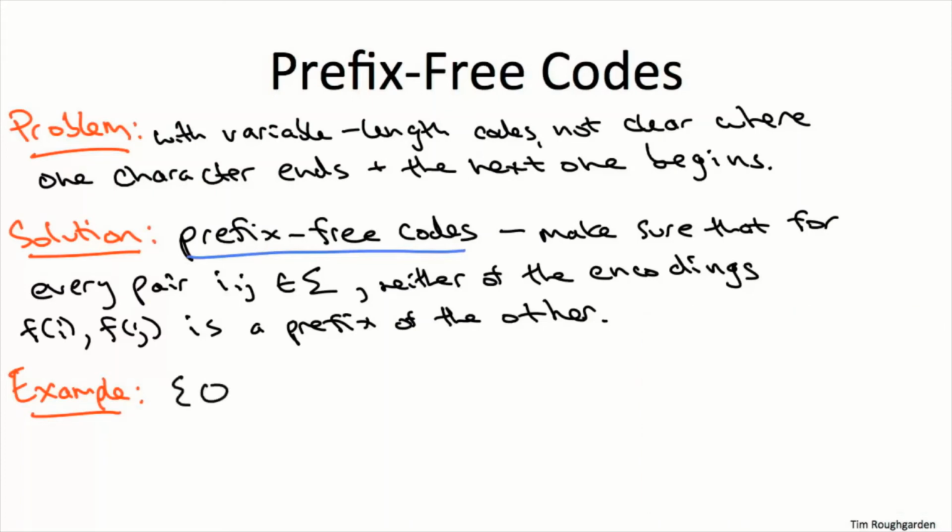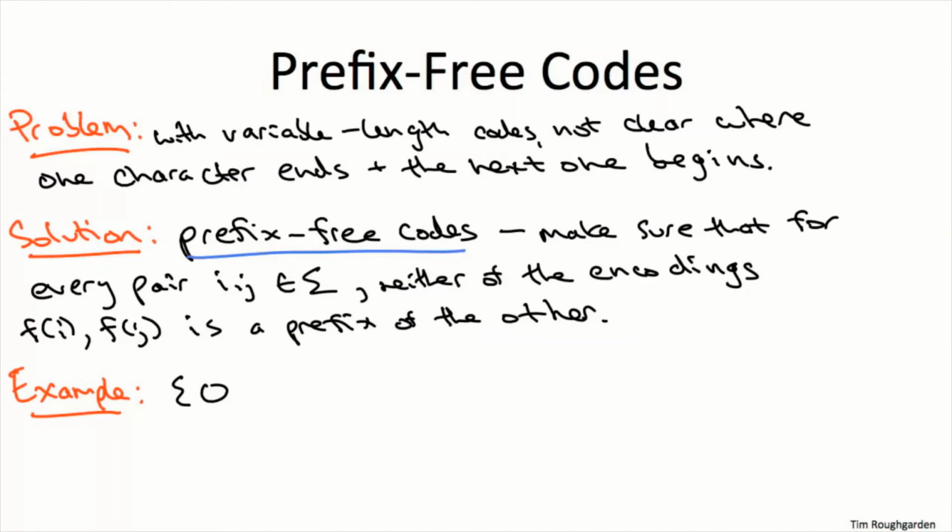Lest you think this is too strong a property, certainly interesting and useful variable length codes exist that satisfy the prefix-free property. One simple example, again, just to encode the letters A, B, C, D, we can get away with encoding the symbol A just using a single bit, just using a 0. Now, of course, to be prefix-free, it better be the case that our encodings of B and C and D all start with the bit 1. Otherwise, we're not prefix-free.